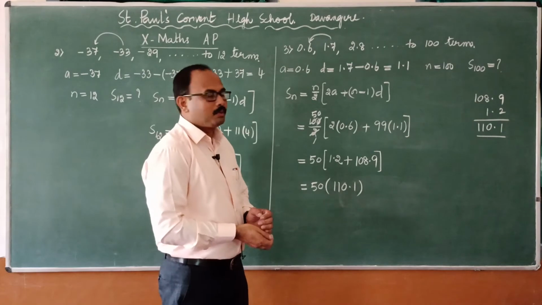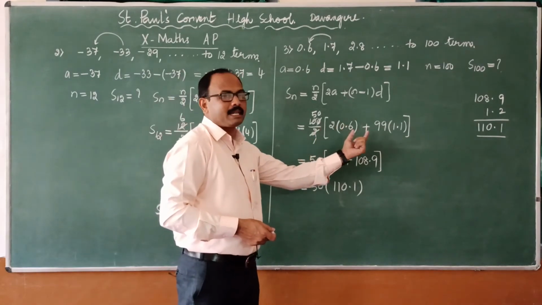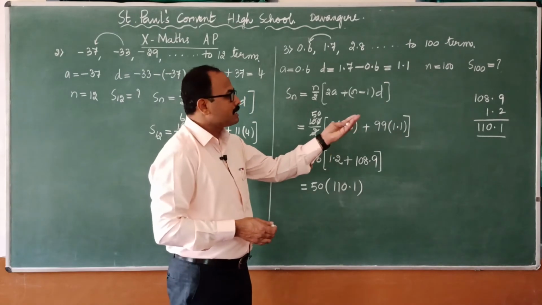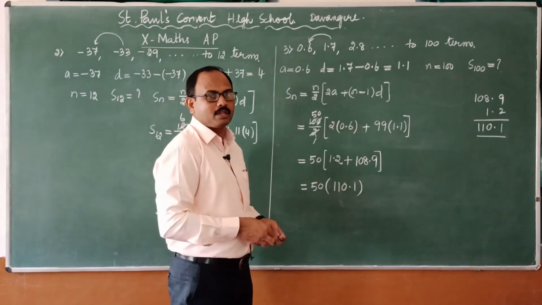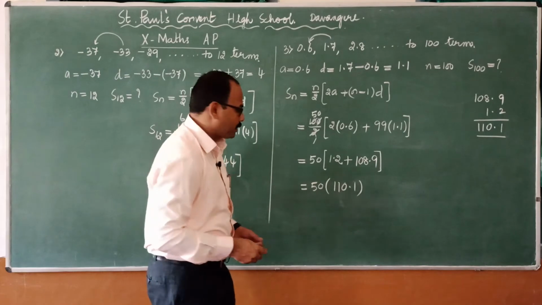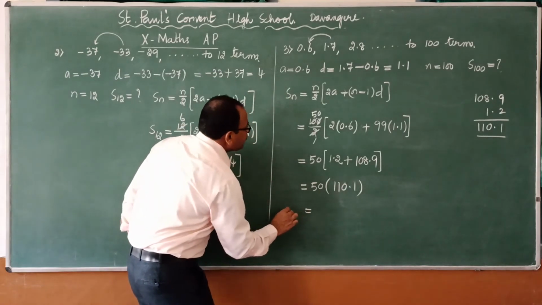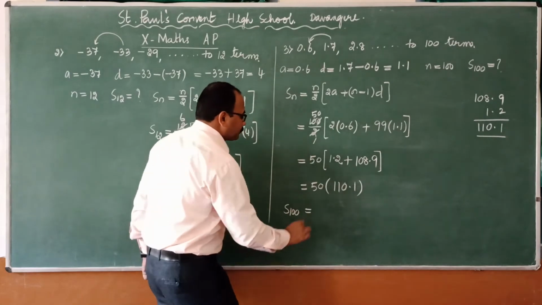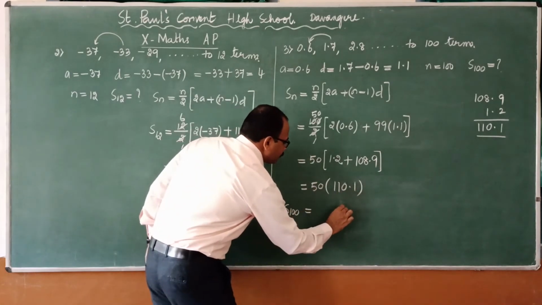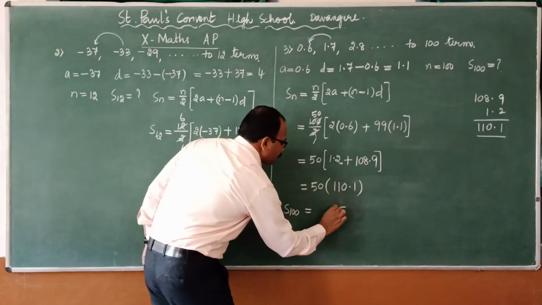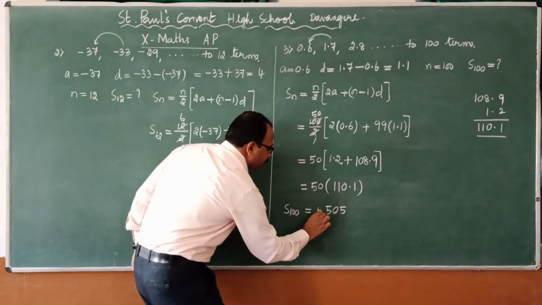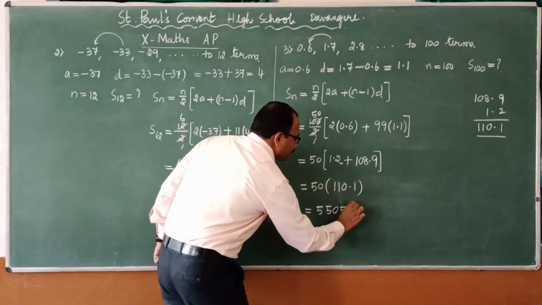Carefully you have to do this decimal multiplication or decimal addition part. These are all simple operations, but they are very important. The last step: sum of 100 terms will be equal to 5 into 1, 5, 5 into 0, 0, 5 into 1, 5, 5 into 1, 5, 1, 0 we have.